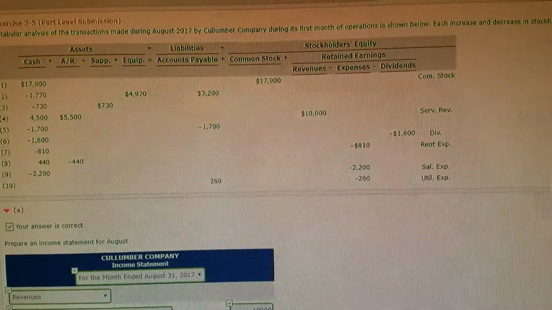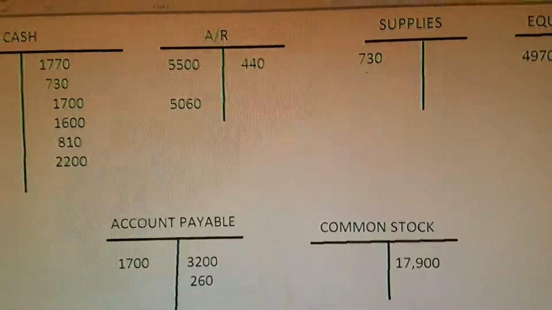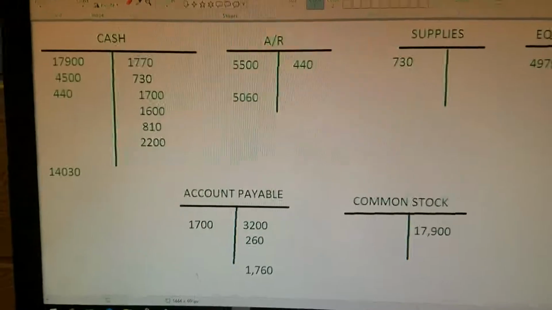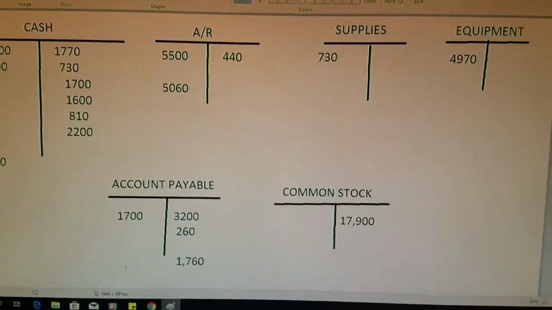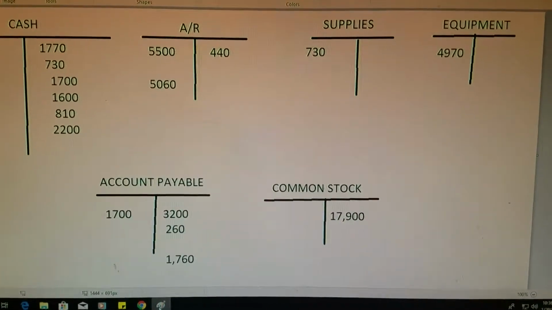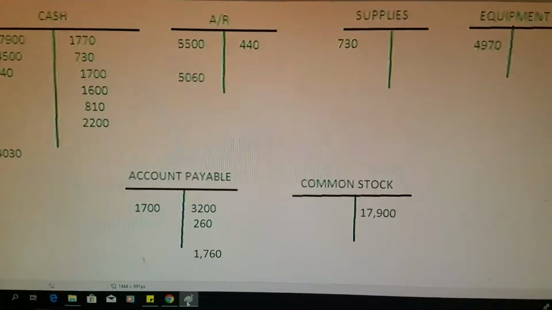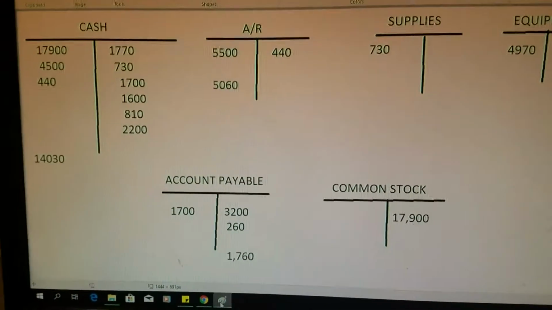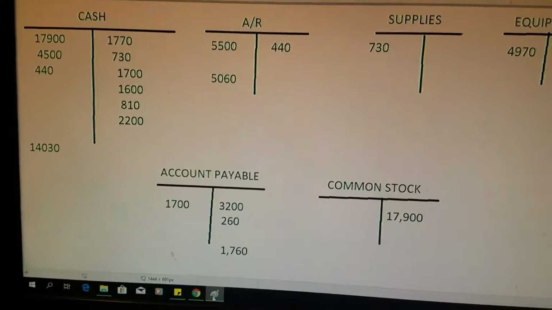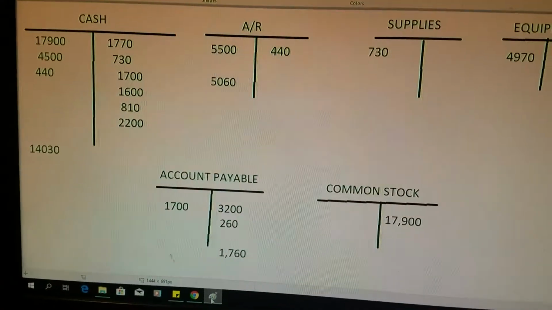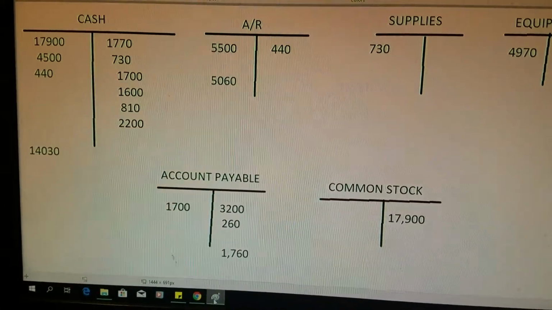I have been working in advance with the T accounts in order to save some time, because after we have made these transactions, we need to go to see the 3 financial statements.